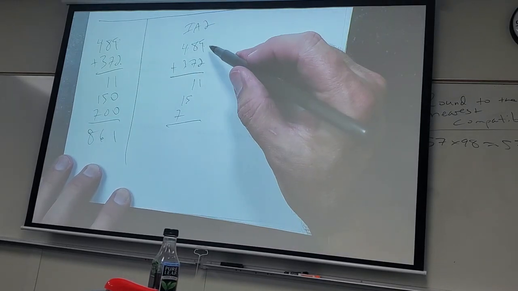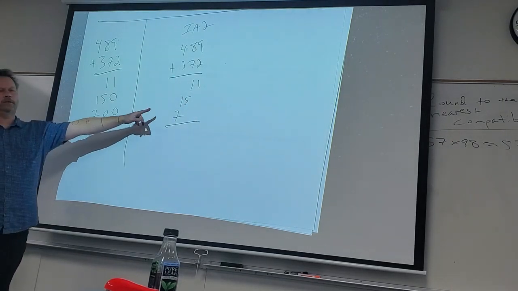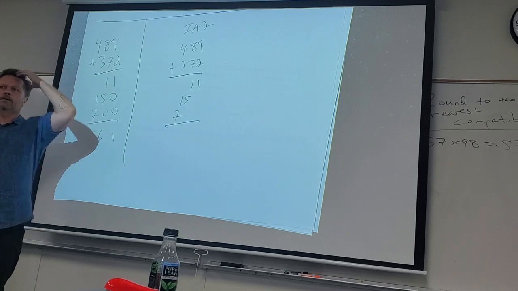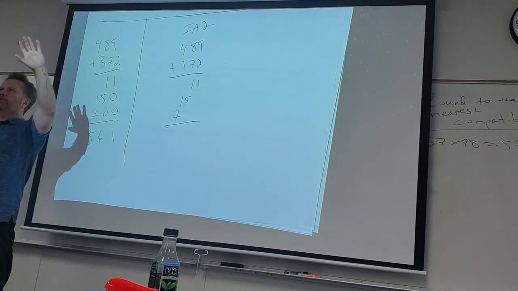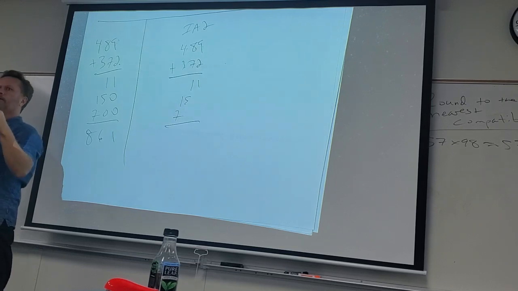But now, let me say this. Again, you don't necessarily have to do all these steps, but do you see the importance of getting to this step? What's the most important thing for a student to get down about our number system is the places and what they mean.